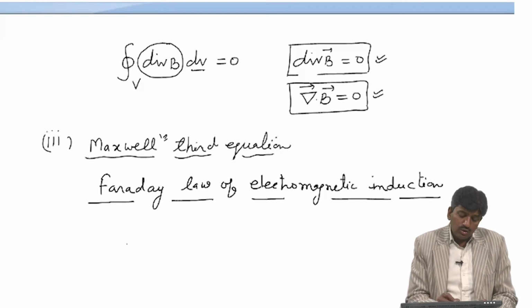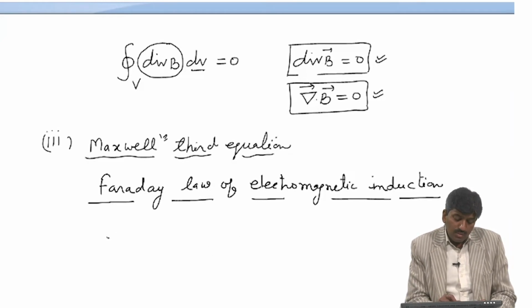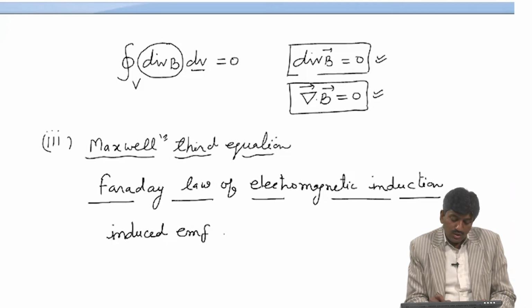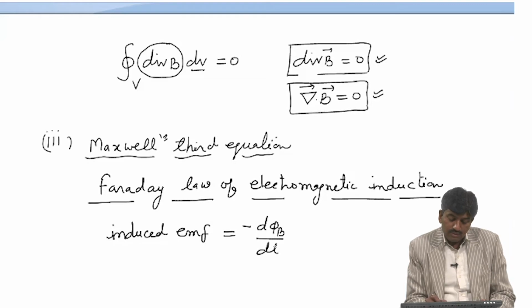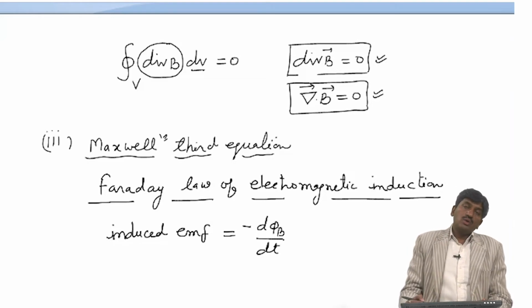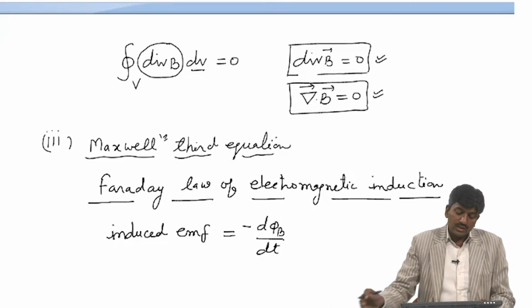We know that electromagnetic induction means induced EMF. Induced EMF is always equal to minus d phi b upon dt. This is the Faraday law of electromagnetic induction.